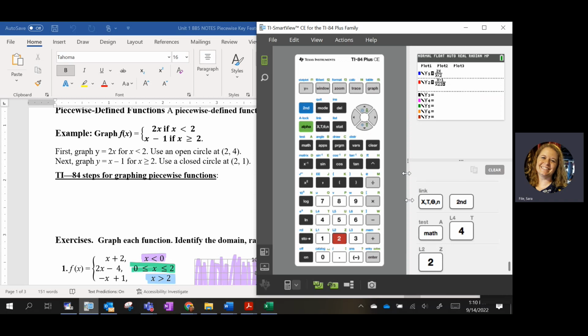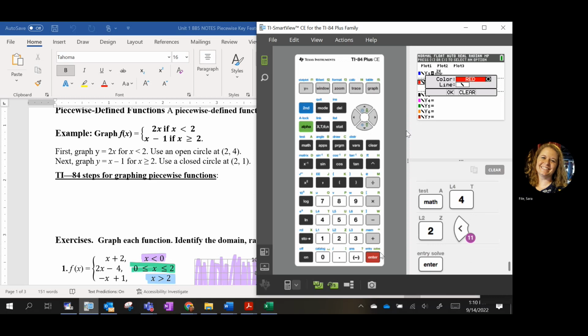If you have one of the color TIs, whatever versions those are, you can set these colors to whatever you want by scrolling over to where it's highlighted. If you hit enter, you'll get the option to change the color, and you can use the arrow to change your color.